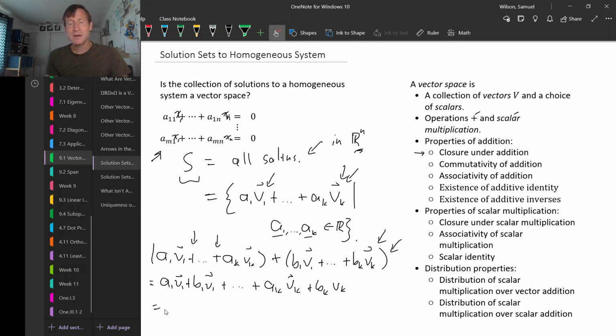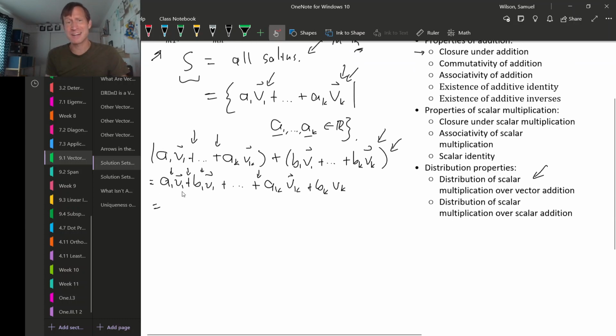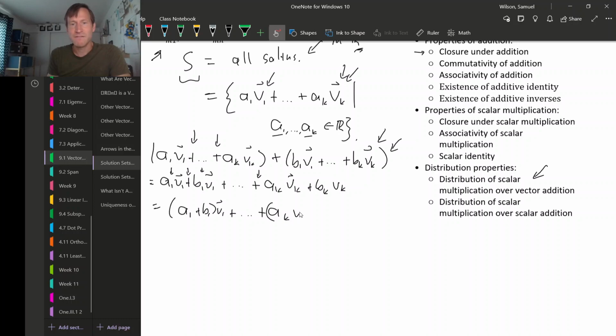And then, of course, because all of these scalar products and all of these vector additions are in Rn, we can do distribution backwards. In other words, we can factor out all of the common pieces. So that gives us (a1 plus b1) v1 plus, and so on, down to (ak plus bk) vk. There we go.